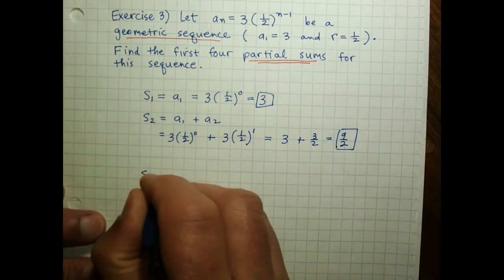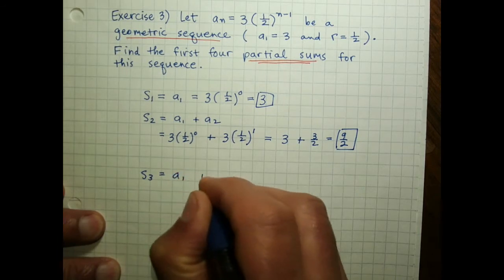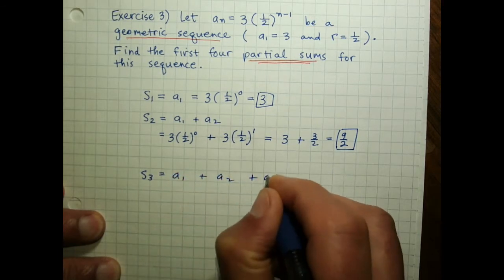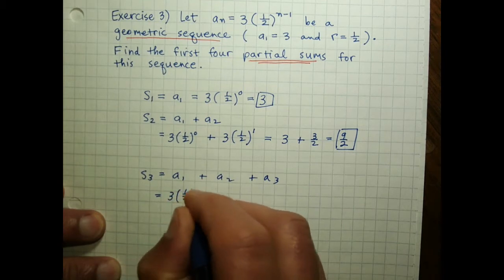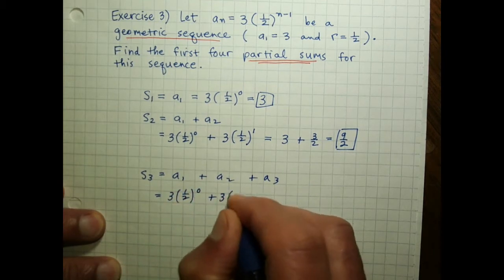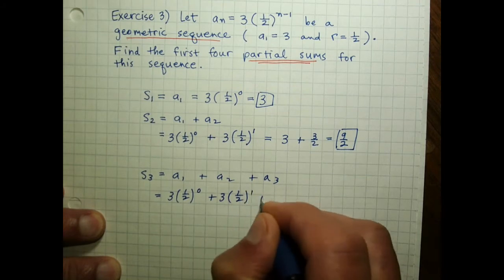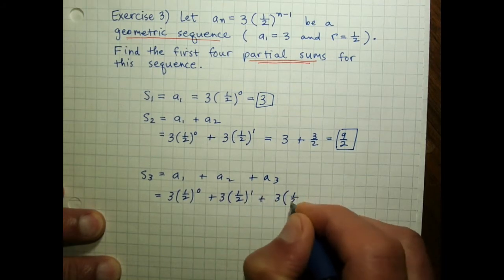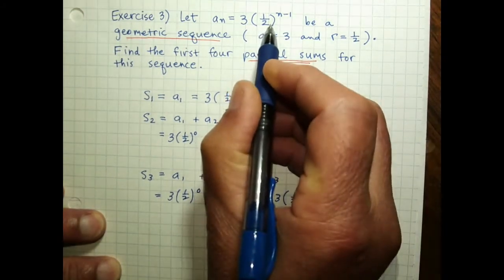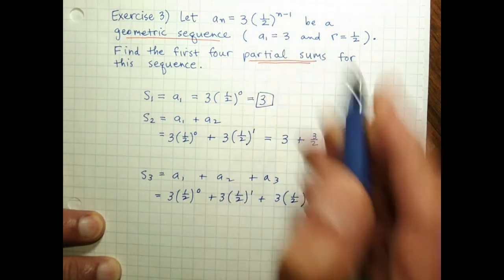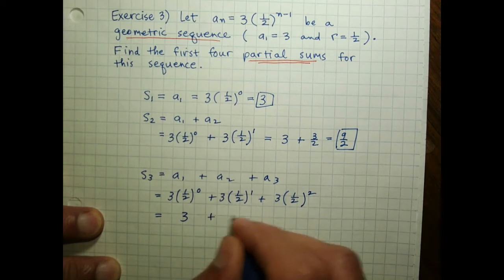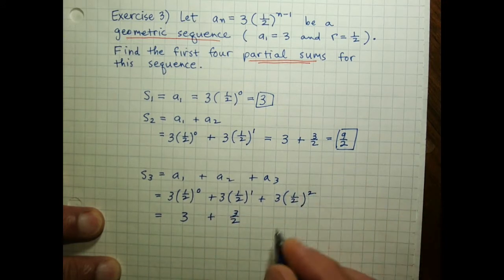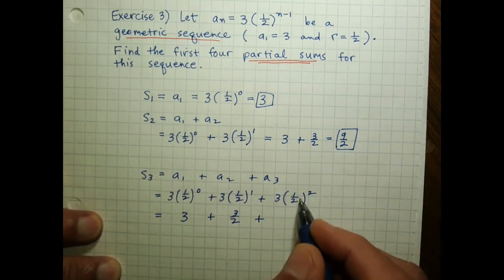S3 is A1 plus A2 plus A3, which is 3 times 1/2 to the 0 plus 3 times 1/2 to the 1 plus 3 times 1/2 to the, when I plug 3 into the formula, 3 minus 1 is 2, I get 1/2 squared. So this is 3 plus 3/2, just like we saw before, plus now here's our new one.